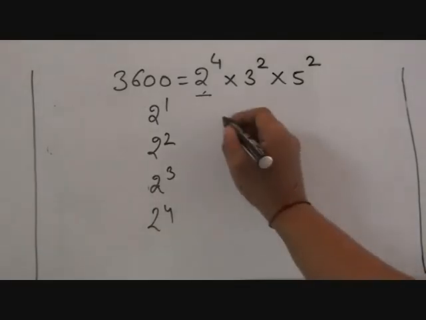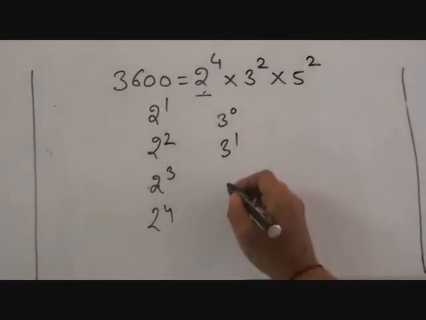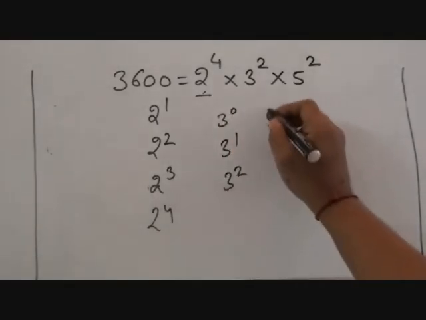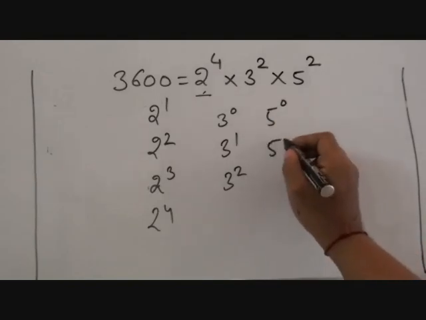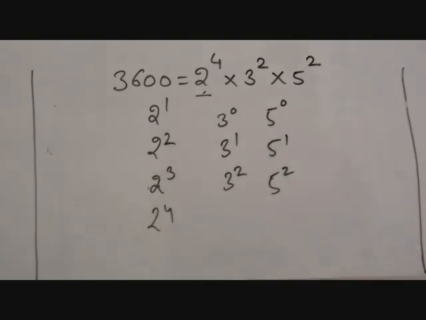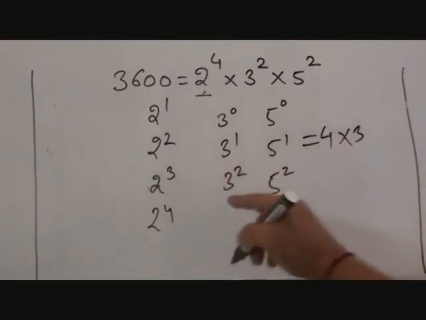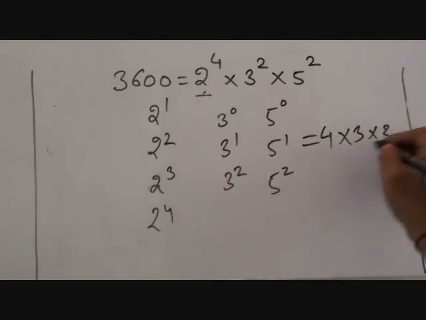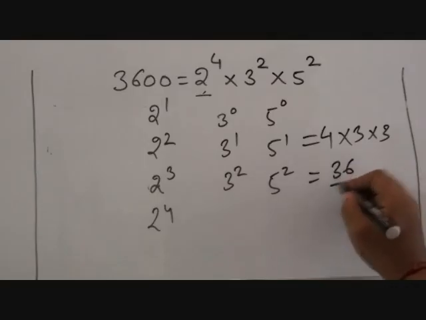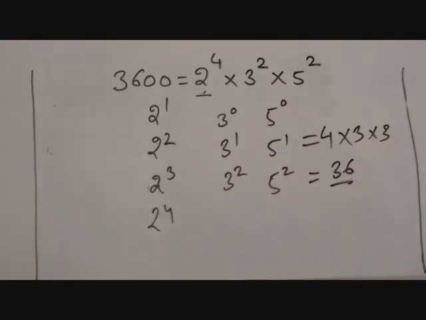The powers of 3 that we can take are 3 raised to 0, 3 raised to 1, 3 squared. Powers of 5 that we can take are 5 raised to 0, 5 raised to 1, 5 squared. Therefore, the total number of even divisors of 3600 would be 4 into 3 into 3, that is 36 divisors in total.